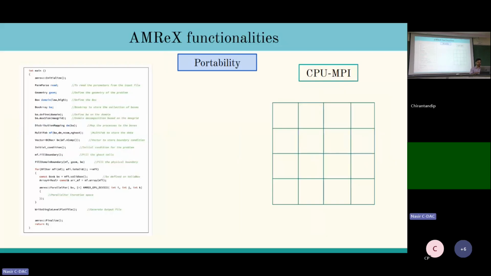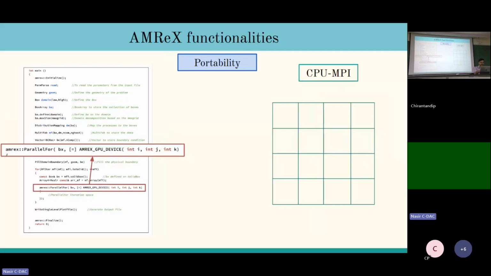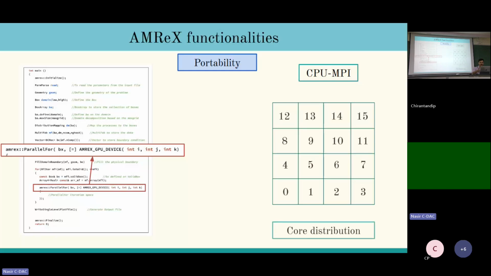Now in the iteration space, you can see this parallel for. If I run it on CPU, it will just run like a normal loop, where the code is mapped to a certain box and everything is fine.